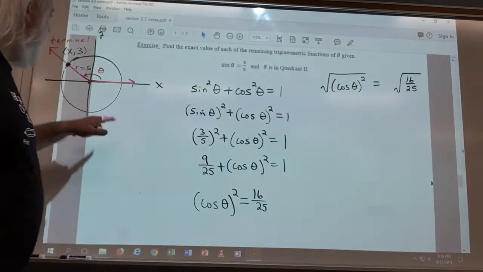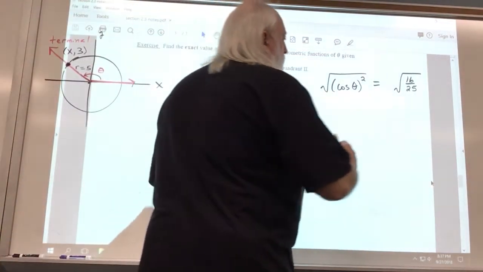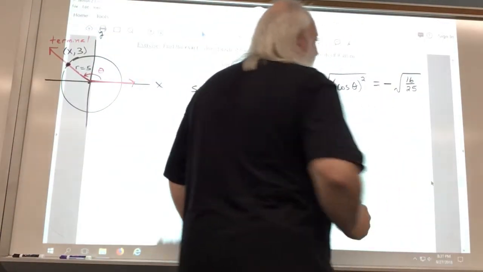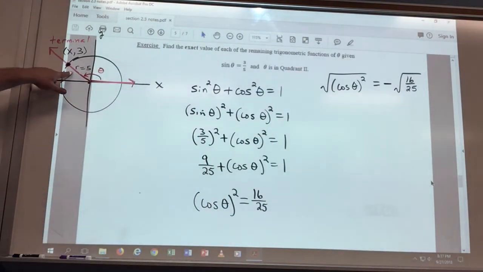But now remember, theta is in quadrant 2. And from our discussion on the sign of the trigonometric functions on page 3, we know that if the angle theta is in quadrant 2, the cosine of that angle is negative. And so cosine theta is going to equal the negative of the square root of 16/25 because this angle theta is in quadrant 2.